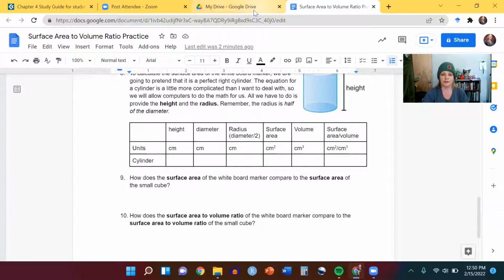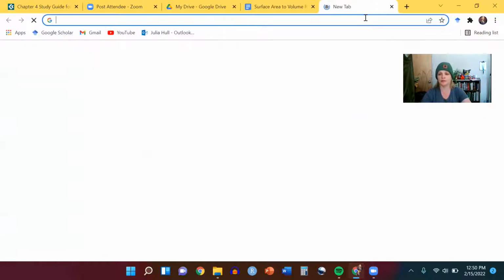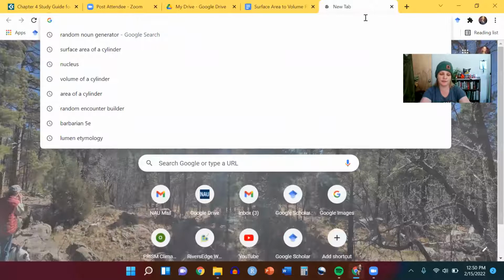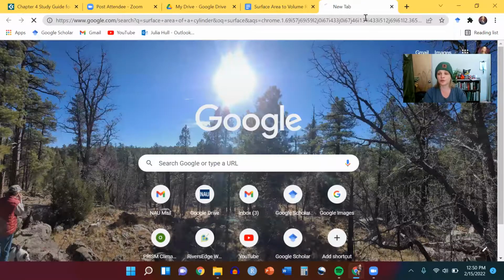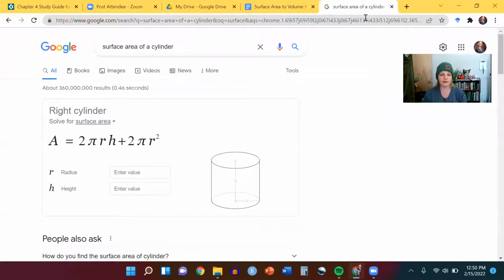So what we can do is open up a Google tab and search for the surface area of a cylinder. Now all we need to do is enter the radius and the height. I've already measured these. Our height is 12 centimeters.